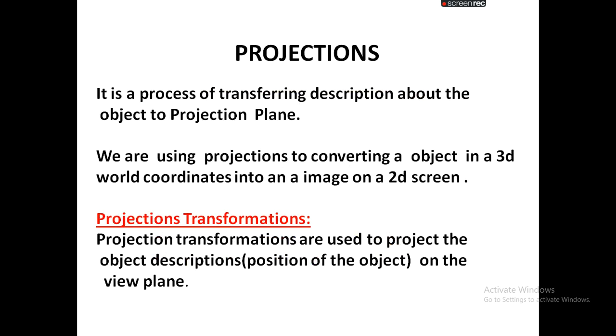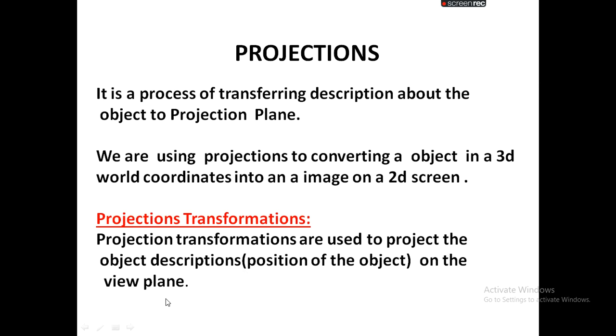So this is nothing but the three-dimensional viewing pipeline. But inside the three-dimensional viewing pipeline, we use one of the transformations called projection transformation. Projection transformations are used to project, that is, display, the object description, that is the position of the object, on the view plane.